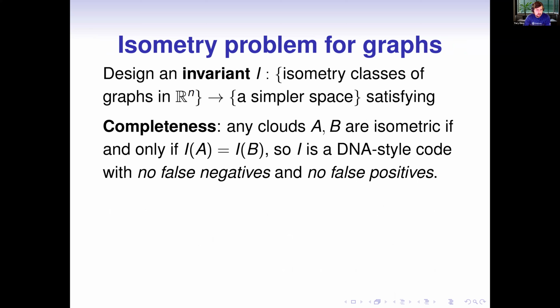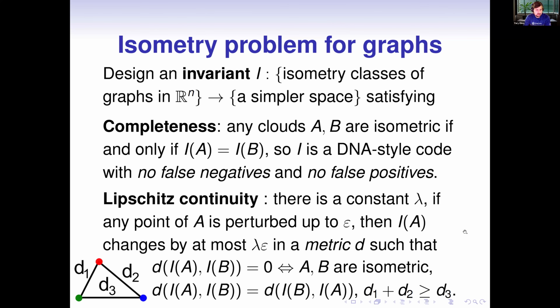So we have this isometry problem for graphs. We want to design an invariant, a map from isometric classes of graphs to a simpler space, that satisfies this. The first property is completeness: A and B are isometric if and only if the invariant is the same. So it's kind of a one-to-one mapping.